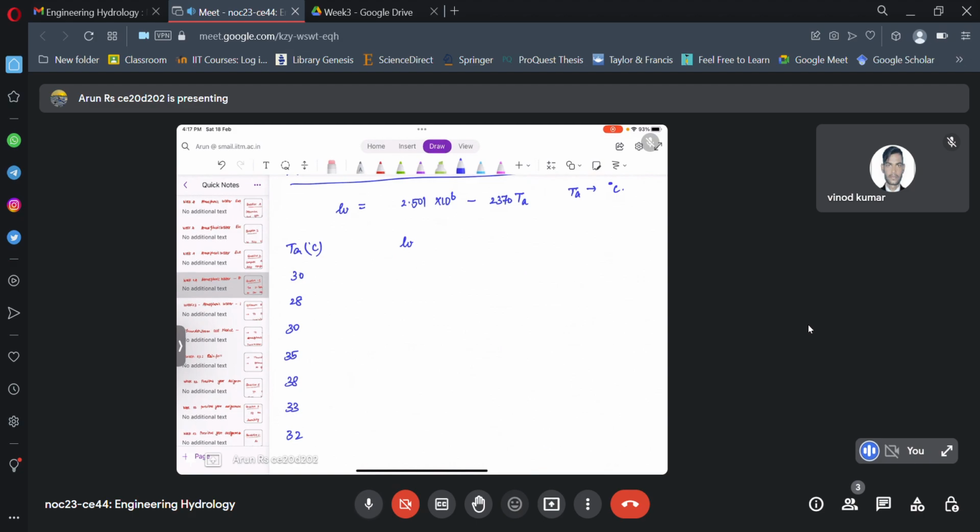So I have already calculated the latent heat of vaporization. Its unit is joule per kg. So it is 2.4299 into 10 to the power of 6.